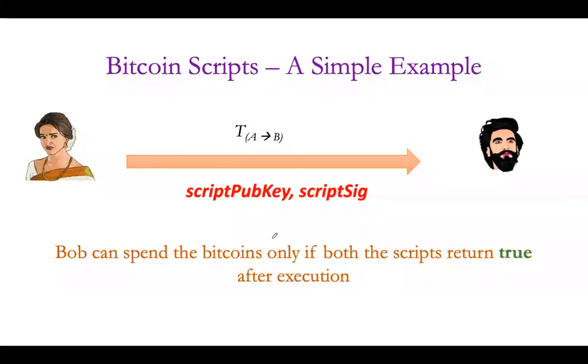Bob can spend the bitcoins of that transaction only if both scripts, the input and output scripts, return the true value after execution of these scripts. True value means the verification will be done.